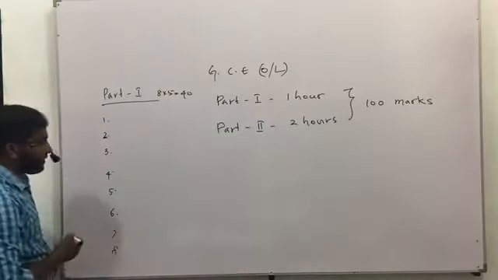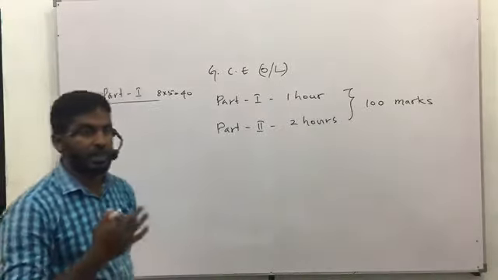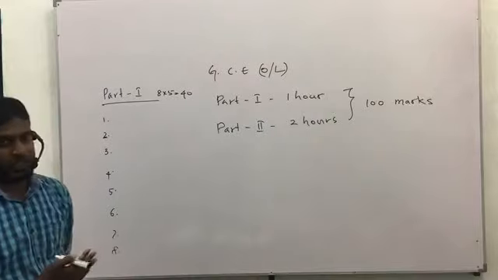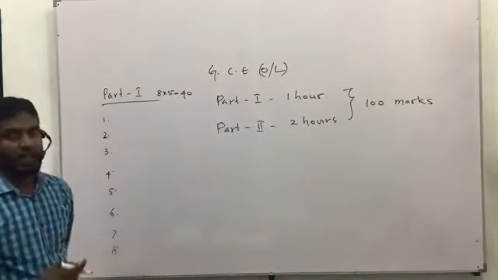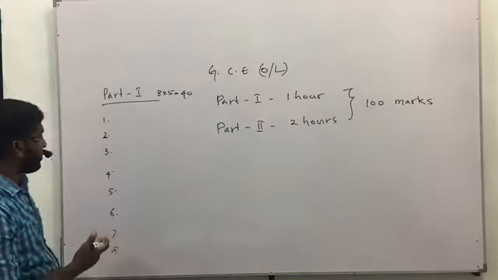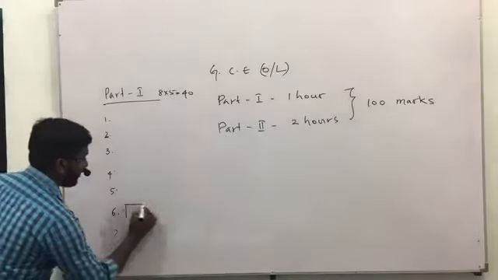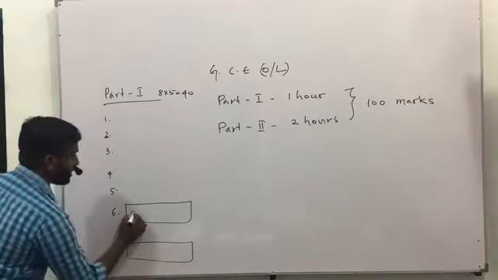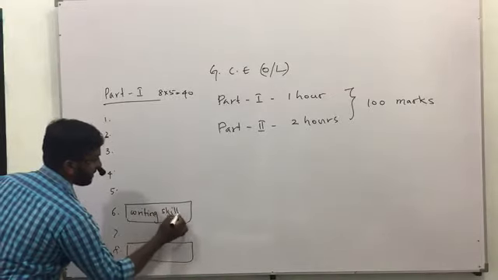Now the important thing is, our students are losing their marks in writing skills in the part 1 paper especially. These are very simple questions, question number 1, 2, 3, 4, 5. But question number 6 and question number 8, both these questions are covering the writing skills of the students.